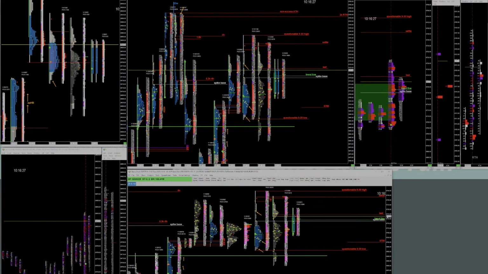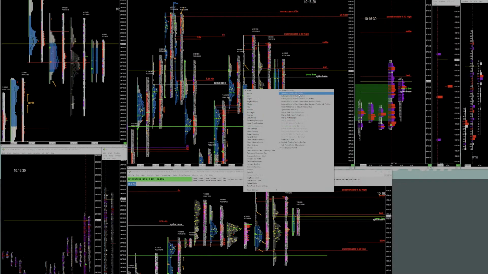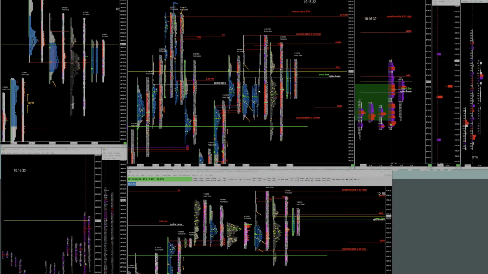And when this movement happened, it started to become clear once E high was taken, right?